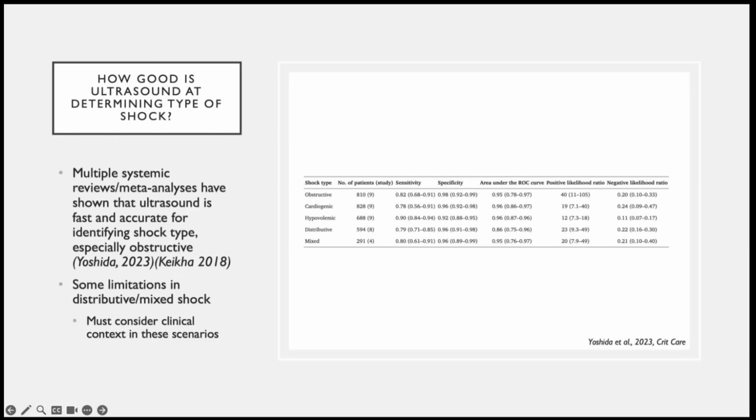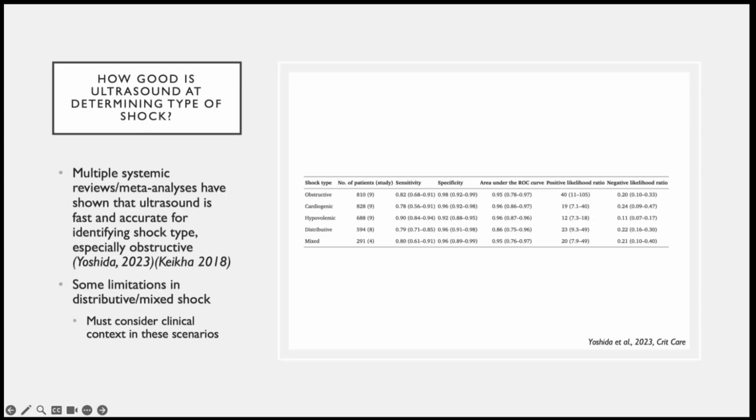So we talked a lot about the RUSH exam, but how good is ultrasound at really determining the type of shock that we see in our patients? Multiple systematic reviews and meta-analyses have shown that ultrasound is actually pretty fast and accurate at identifying different types of shock, especially obstructive.